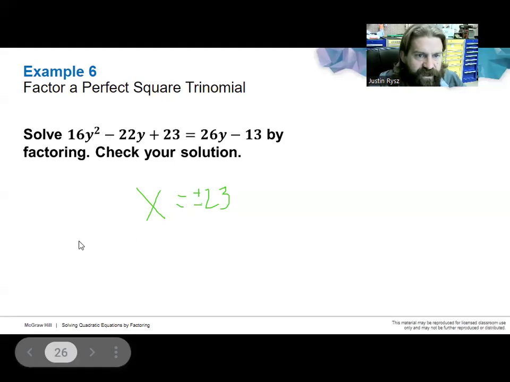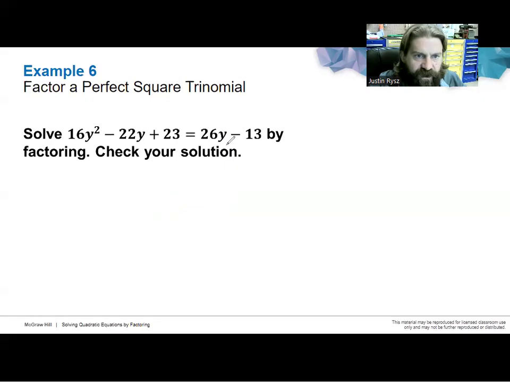Let's go through this one here and check. So we're going to have to minus the 26 over and add 13 over. 16y squared. If I subtract 26 from negative 22, I get negative 48y. If I add 13 to 20, that's a 36, equals 0.